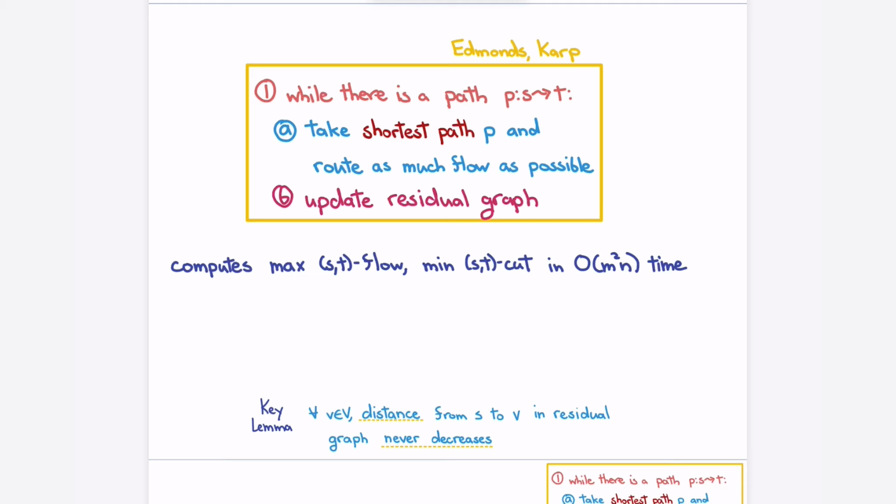Although the analysis is very indirect, it's focusing on these distances from s in a residual graph. There is some interpretation based on the dual LP, so there's a sort of dual argument focusing on distances, and that's how you ultimately argue this algorithm runs in polynomial time.